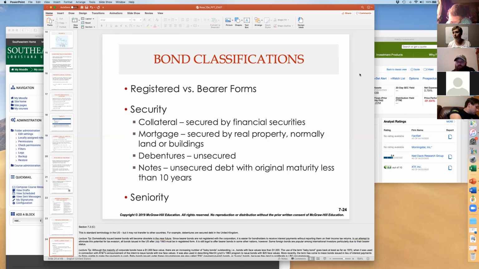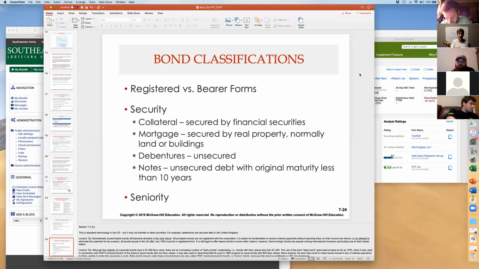All right, so seniority has everything to do with where the bond is in relationship to the top of the balance sheet. The higher up that balance sheet, the more pressing the obligation is to the bondholder. So if you have a senior bond, the characteristics of a senior bond is it might have security, right? So if there's security pledged against the bond, you can actually go and get that collateral, that security, and repossess it.